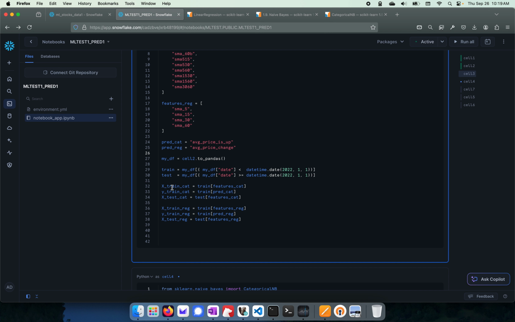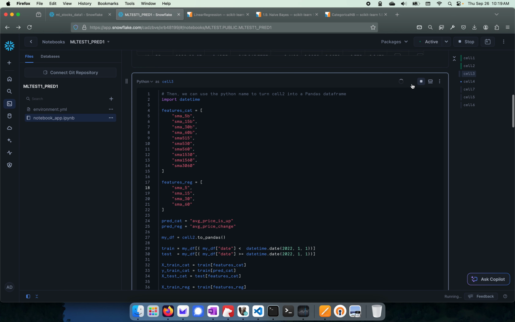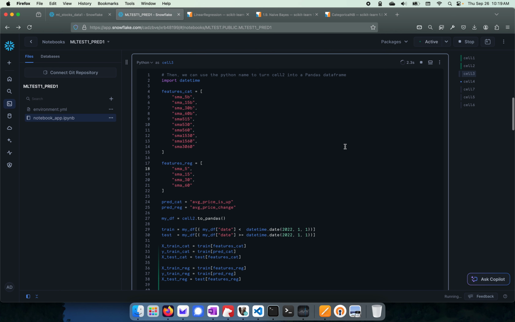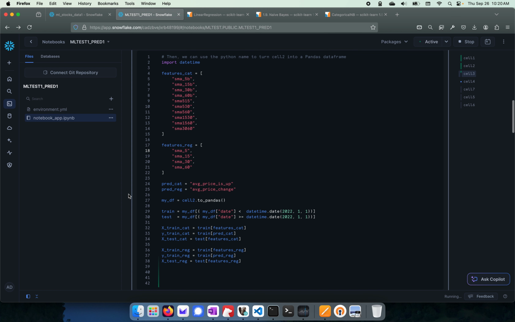And I will separate the data into training and test for both regression and categorical features. So let me kick this off. It'll probably run in about 36 seconds or so. And this, of course, is happening all in memory of the extra small warehouse, so we have to make sure that our data can fit into memory.